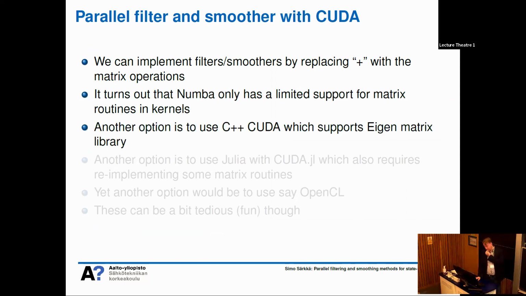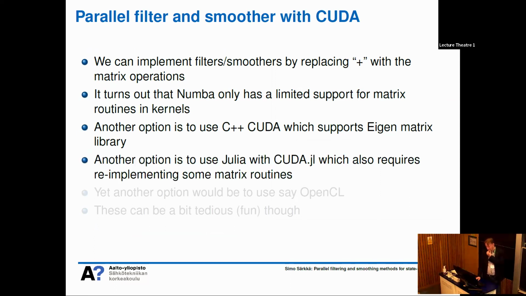Well, C++ would be an option, but it's a bit hard to maintain. Julia doesn't support matrix operations within kernels either, because of how it works, so this is sometimes a bit tedious to program.